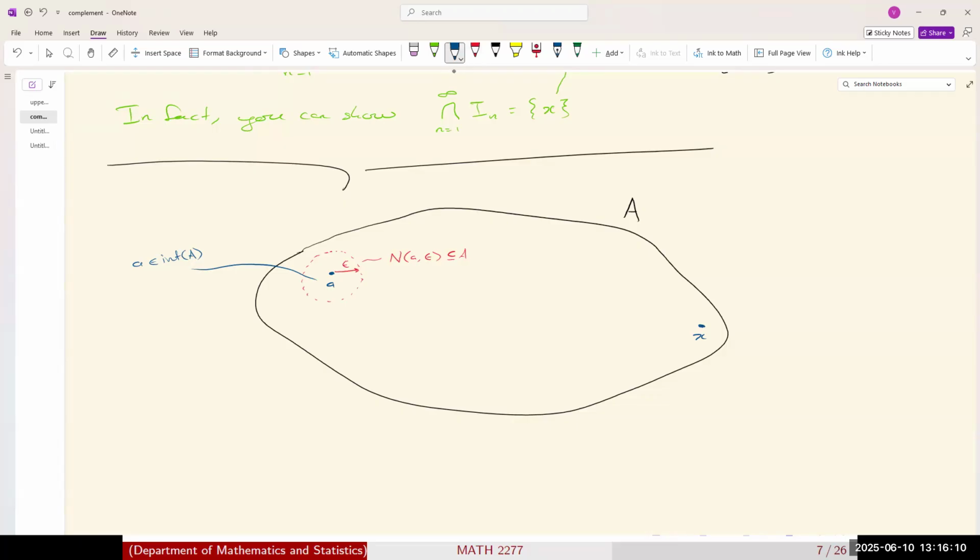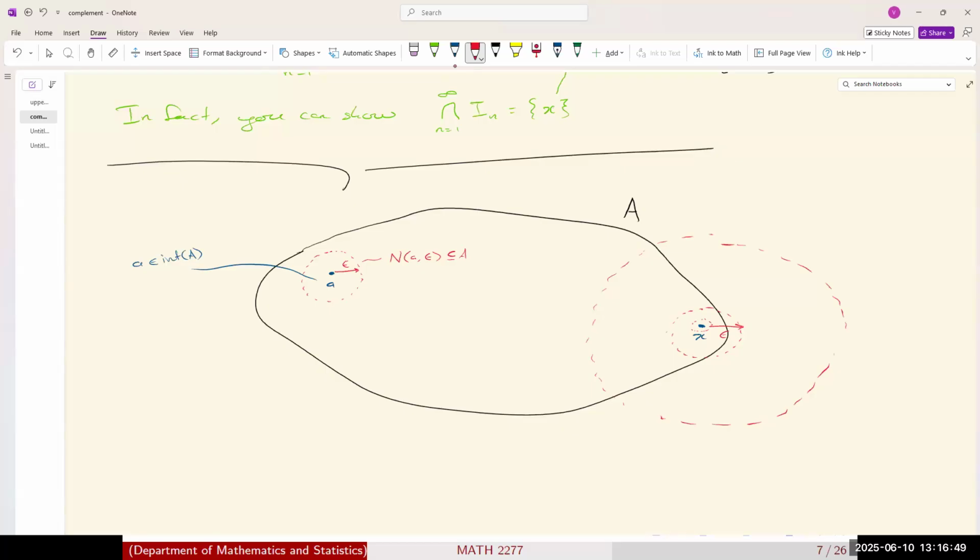Unlike an interior point where you are searching for one neighborhood, a limit point means every single neighborhood you put around this point x, no matter how big or how small. So here's a very big neighborhood, or maybe you do a very small neighborhood. It doesn't matter.